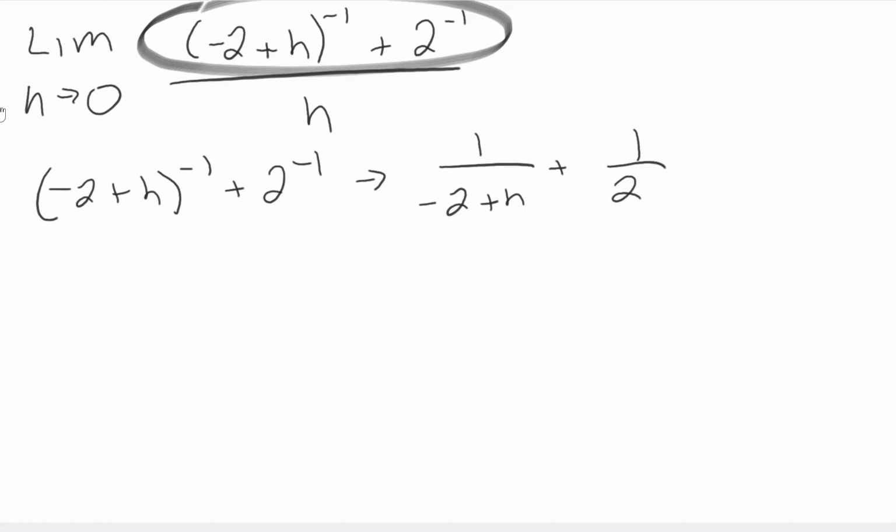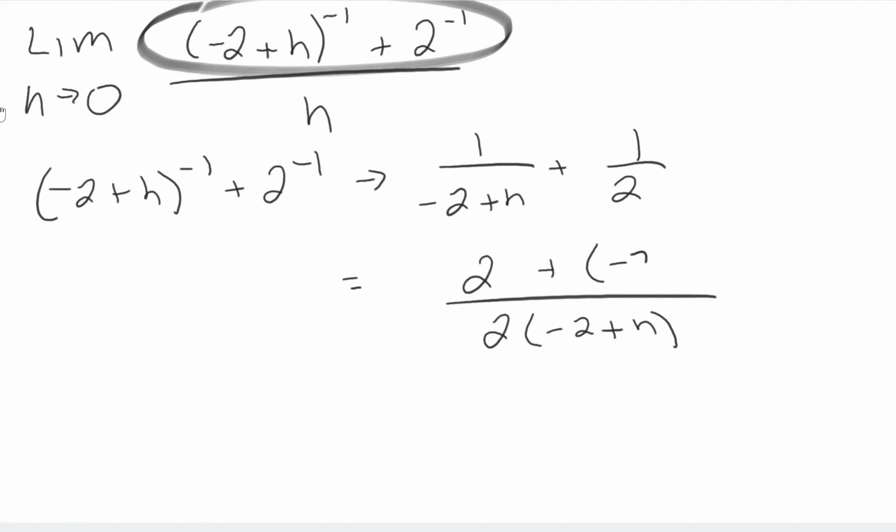Now that we've got it as a fraction, I can get a common denominator. My common denominator is 2 times negative 2 plus h.